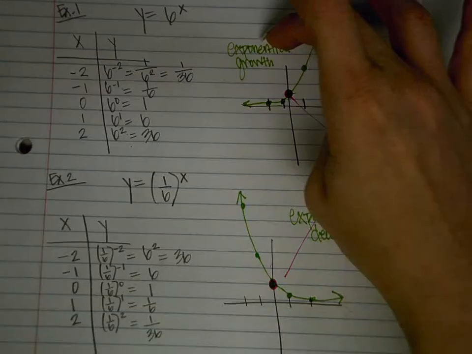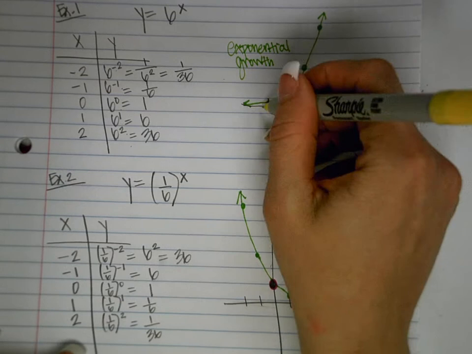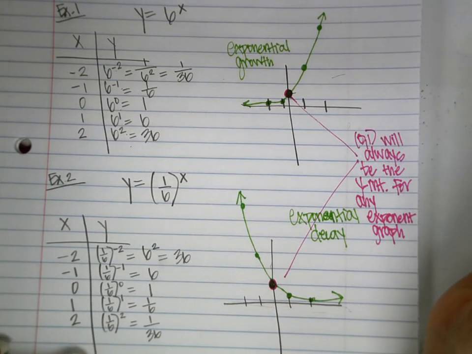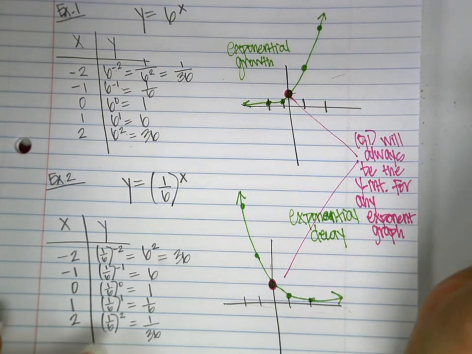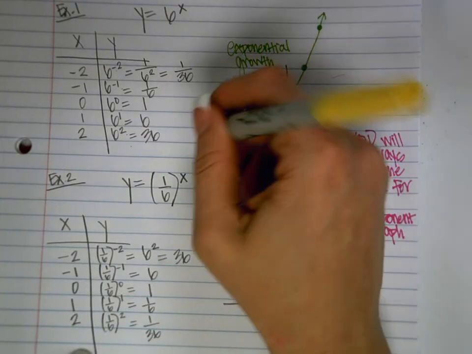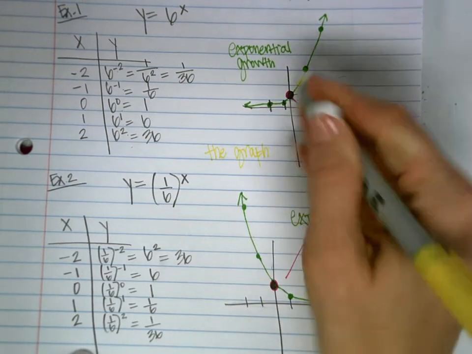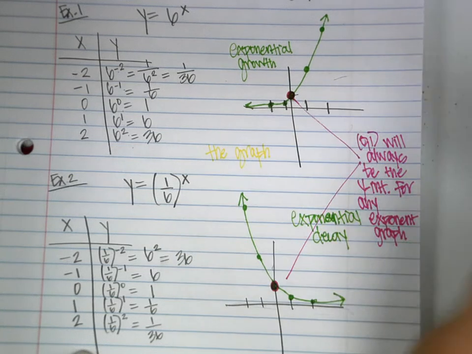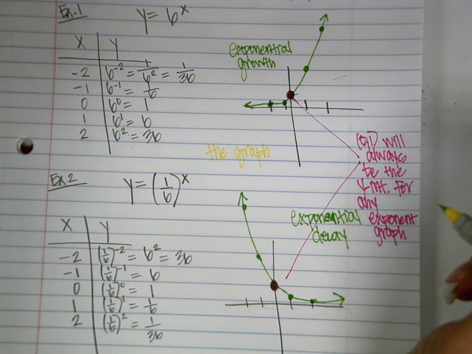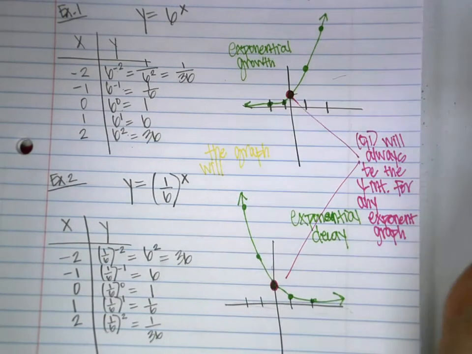So we know the difference between exponential growth and exponential decay. Now, someone asked me earlier, how come they never touch? We know why: you're never going to get it equal to 0 or negative. That never makes sense. So the graph never touches the x-axis. If it never touches the x-axis, what does that mean? It has a y-intercept, always 0, 1.